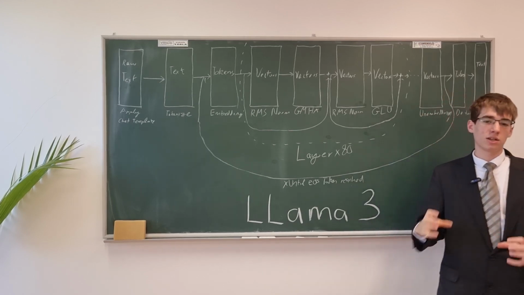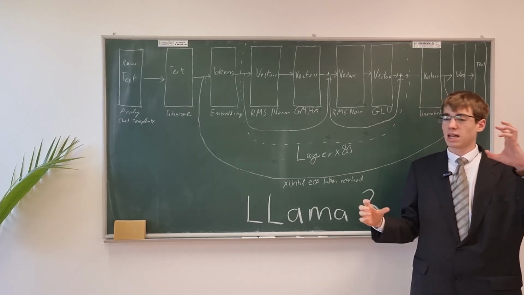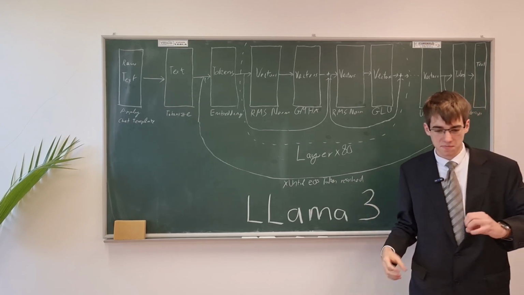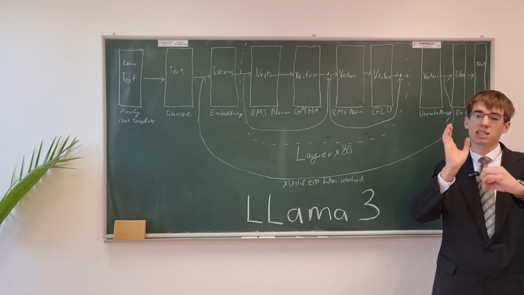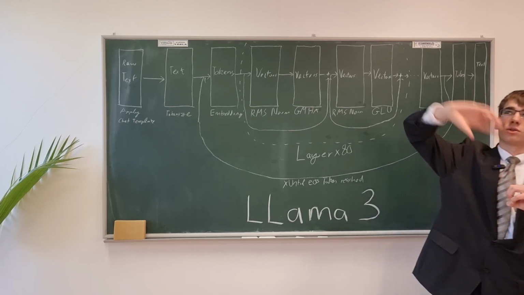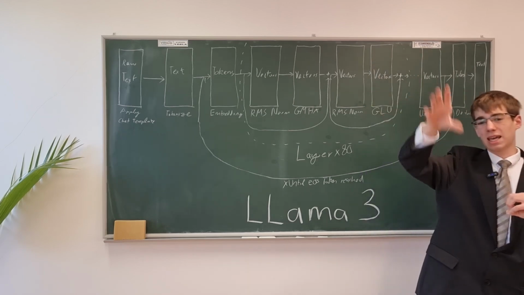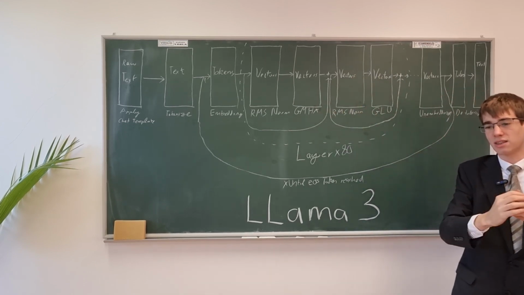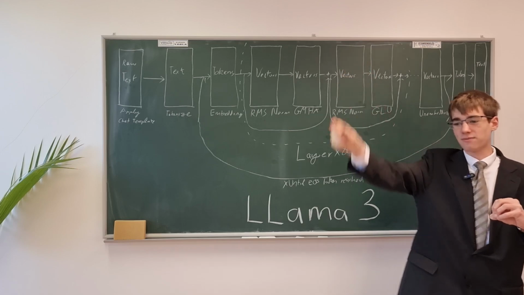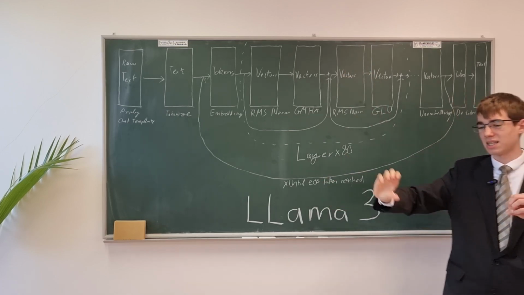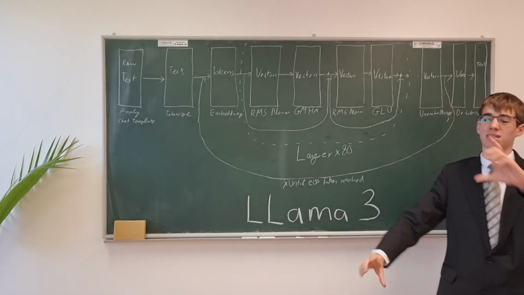What a gated linear unit does is it takes in a vector and then splits it into two branches. We have a gate. So we take the vector, we generate a gate vector out of it, and then we generate another vector out of it.